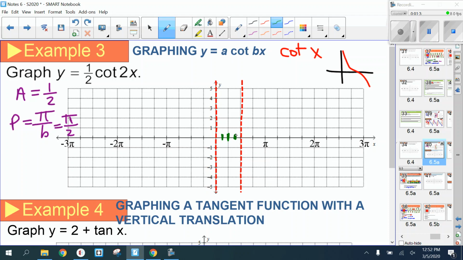I could plug those into my equation and calculate it in the usual way, but I don't really have to because I've memorized what this thing looks like. When you plug in the first tick mark, you're going to end up getting a half. Second tick mark is 0. Third tick mark, negative 1/2.